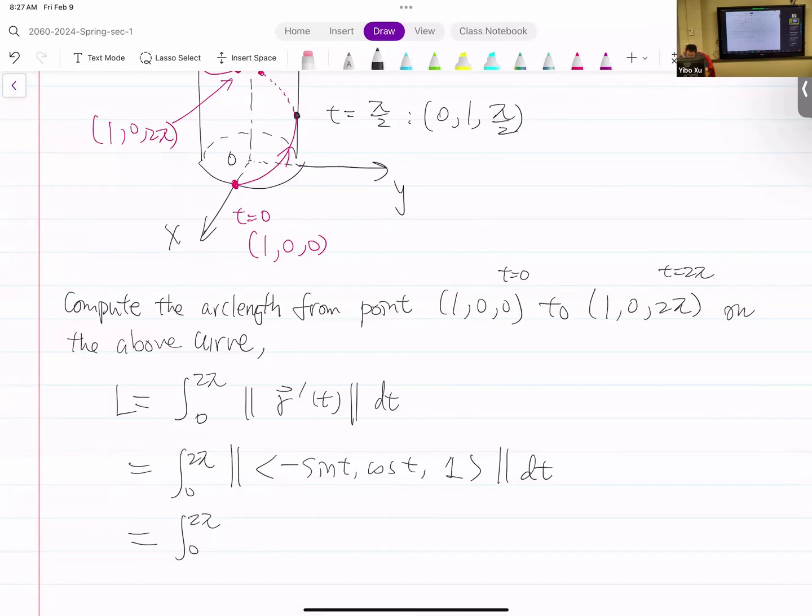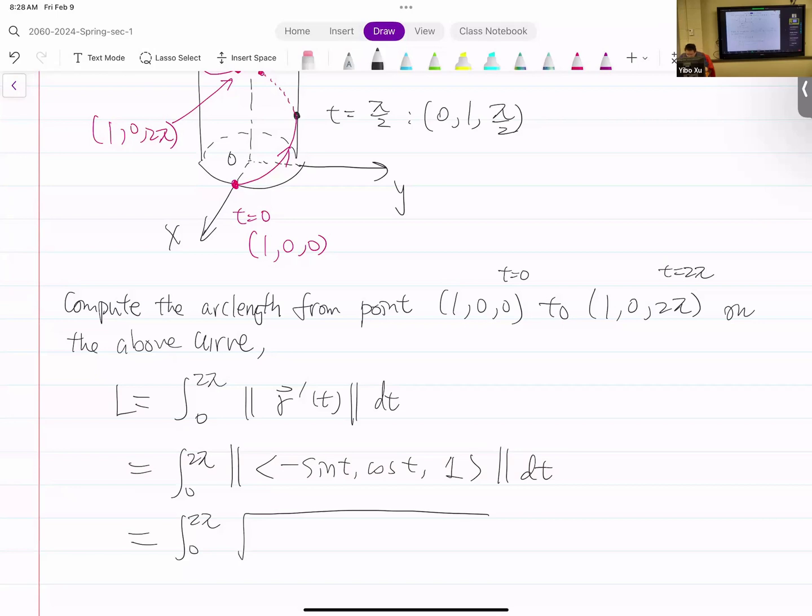One thing I can assure you is that when we are calculating arc length, the vector functions are definitely going to be nice enough so that the radical is not difficult to calculate. I think in Calc 2 you probably have seen some more complicated curves in 2D where you have to compute the square roots and check them out. But here it's not going to be that complicated.